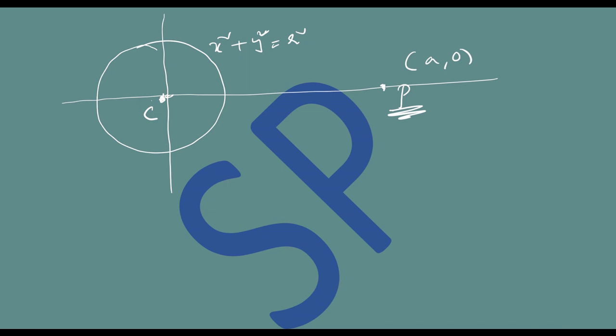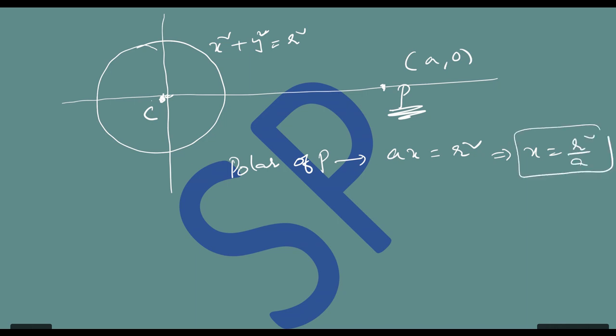Now let's go for the polar of P with respect to the circle. S1 equal to 0 is the polar. So when I write the polar, I get ax is equal to r square. This is the polar of P. I want you to observe that this is nothing but x equal to r square by a, of the form x equal to k.